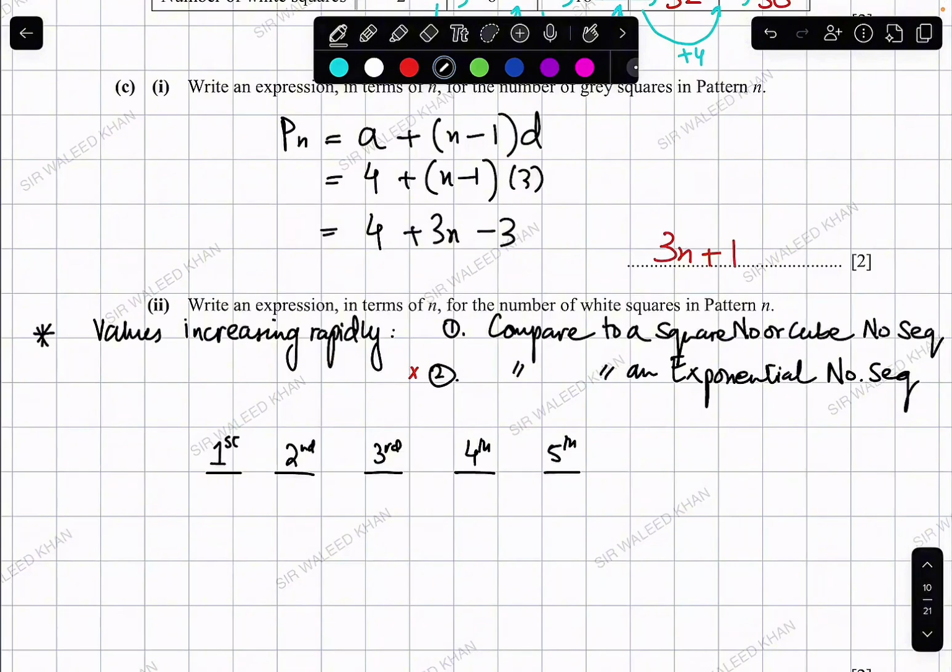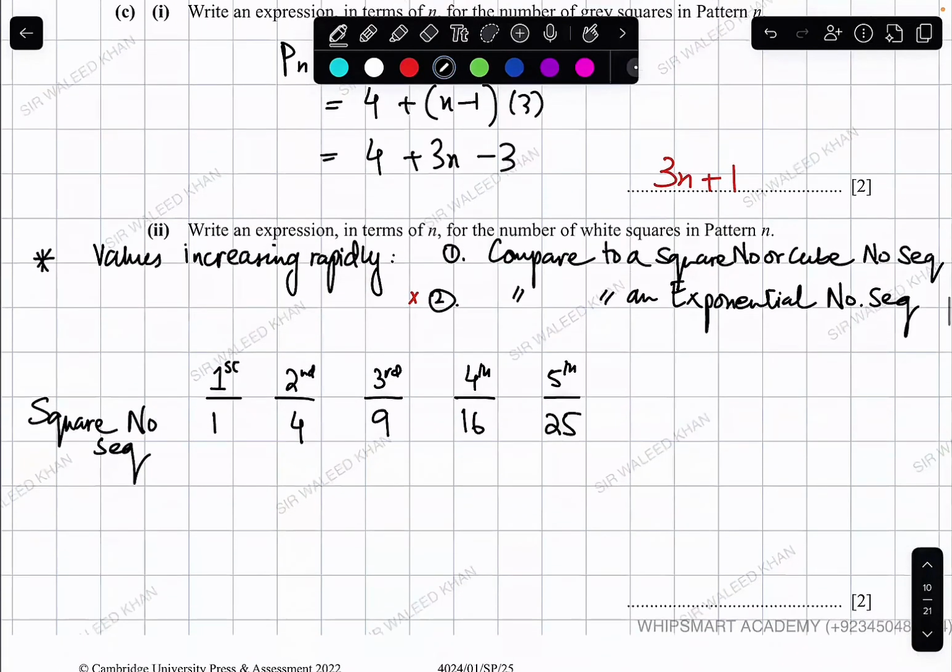To figure out the original square number sequence, we just square the number of terms. So 1 squared is 1, 2 squared is 4, 3 squared is 9, 16, and 25. Now, the formula for this should be n squared. If we square any term, we are going to get a square number.